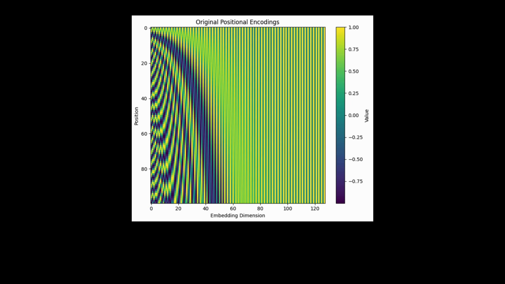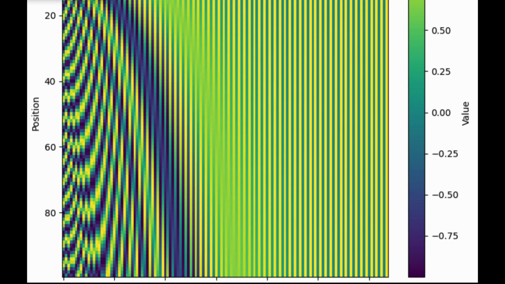But here's where it gets interesting. If you take any two positional vectors, then you will find a predictable pattern in them. If you take any two nearby positions, then you will see that most of the values of these two vectors are almost similar. Only the values in the initial few dimensions change, but all the other values are almost similar.